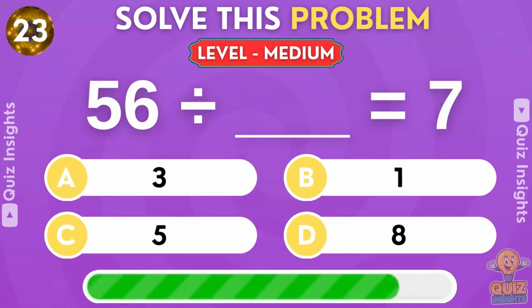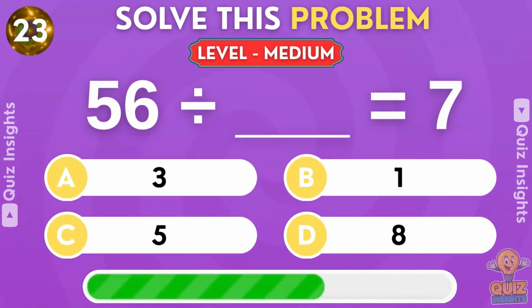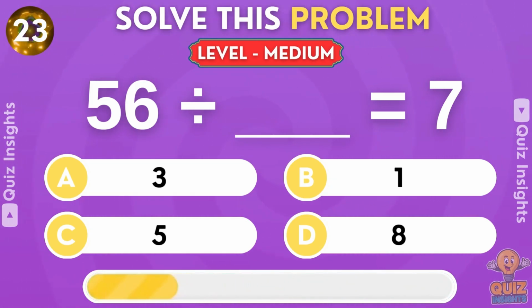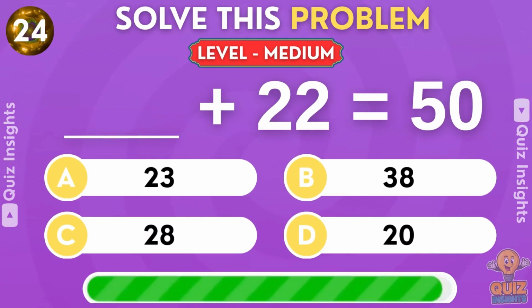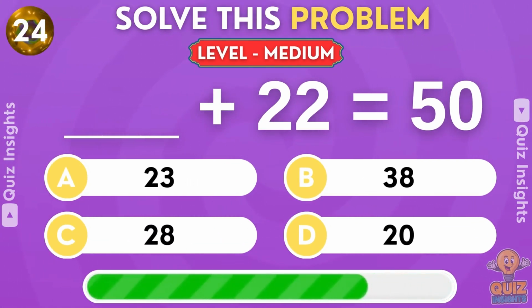56 divided by what number equals 7? Correct answer is 8. What number plus 22 equals 50?